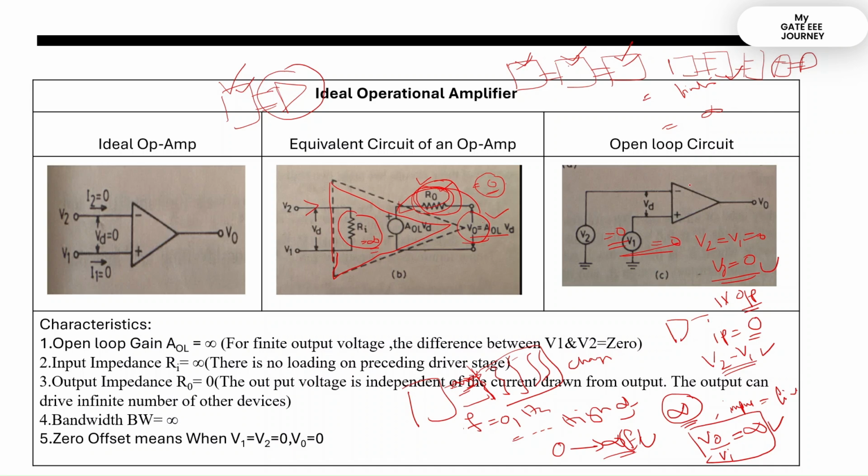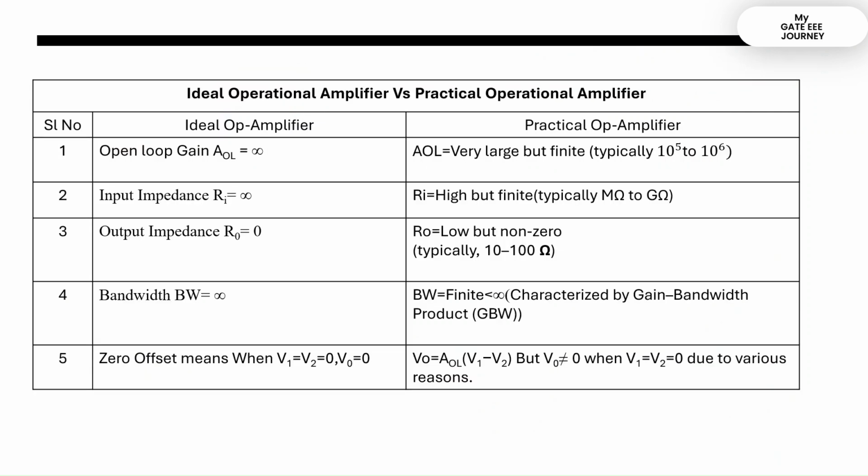If you take any practical operational amplifier, even if you keep V1 equal to 0 and V2 equal to 0, there will be some voltage output you can measure at the output terminal. That is called offset. For an ideal amplifier it is 0, which means it operates perfectly: when no voltage is given as input, there will not be any output voltage.